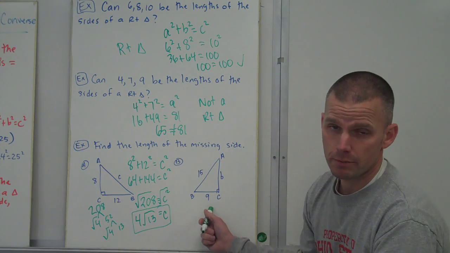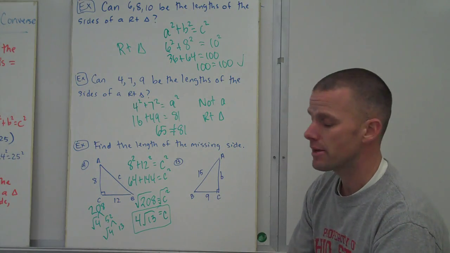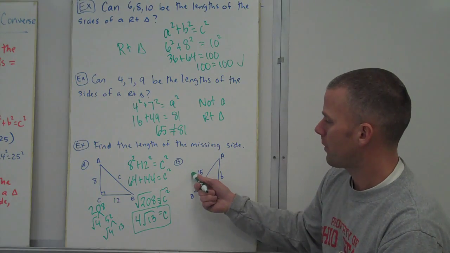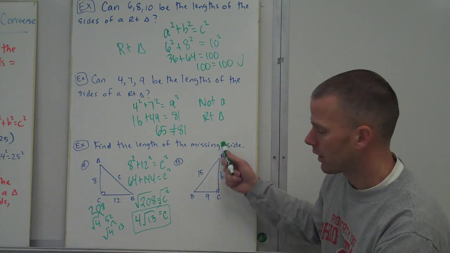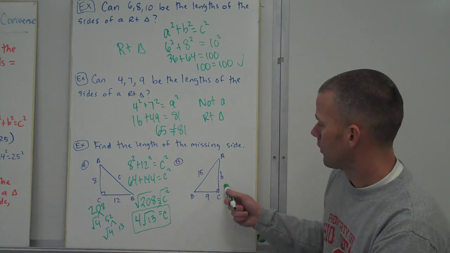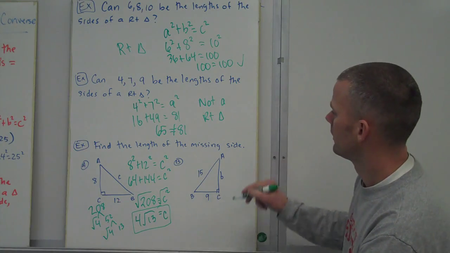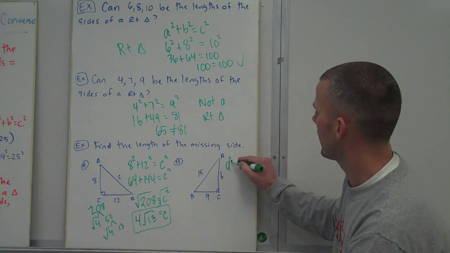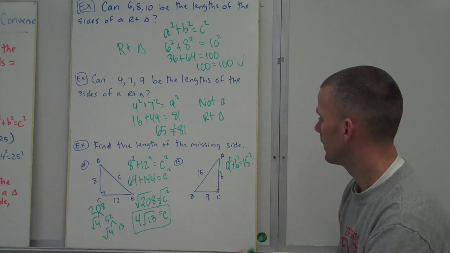By the way, if you want to work on these before we get started, hit the pause key. Here, we know the hypotenuse this time, it's 15. We want to find the length of the height of the triangle, which we have labeled as B. So we're going to go 9 squared plus B squared equals 15 squared, kind of squishing it in.